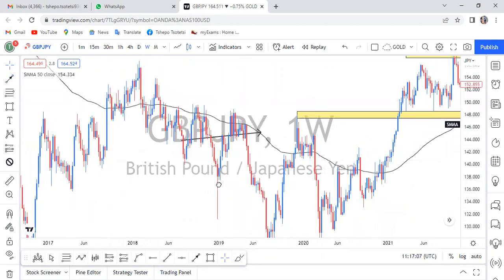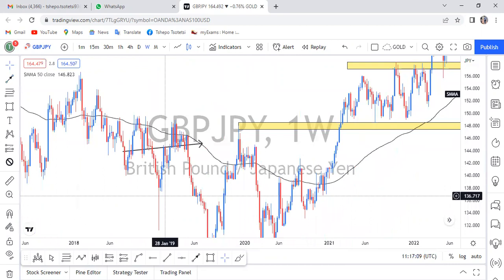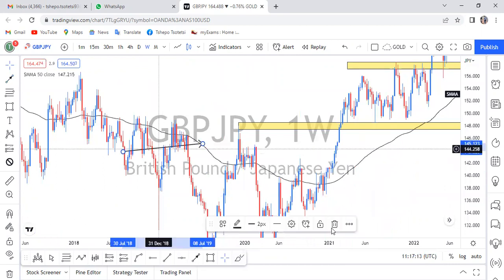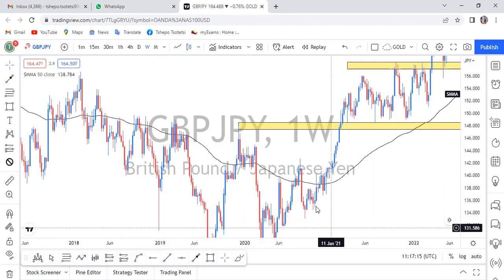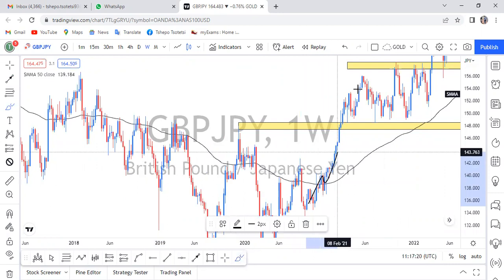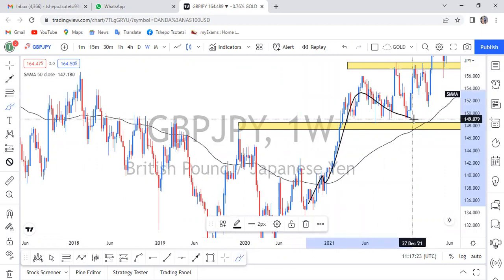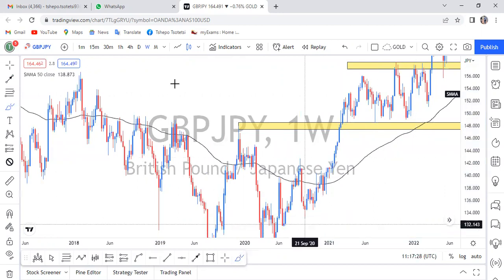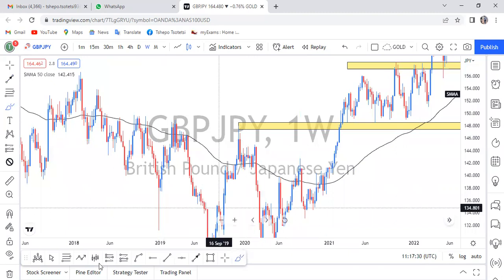But when it goes above the 50 SMA, our SMA is acting as support. So when it grows, price always moves up and comes back to our 50 SMA. So that's another type of support and resistance we do have.